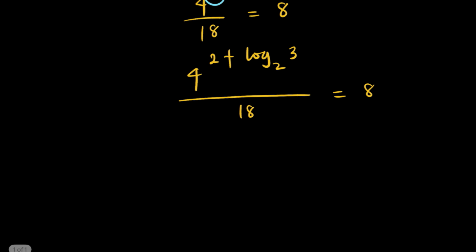At this point, the next thing we'll do would be to separate these powers. And to do that, let us apply this property of exponent, a raised to power m plus n.